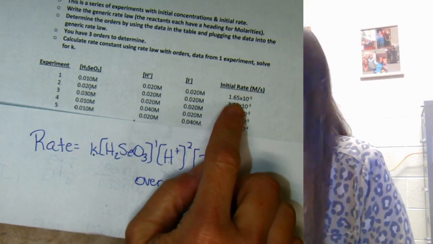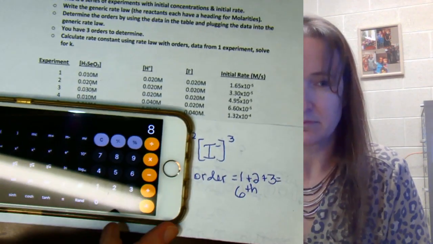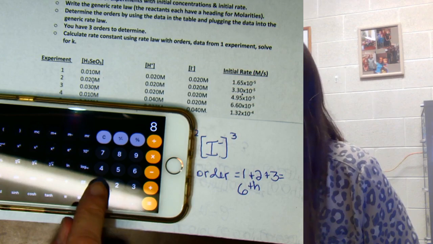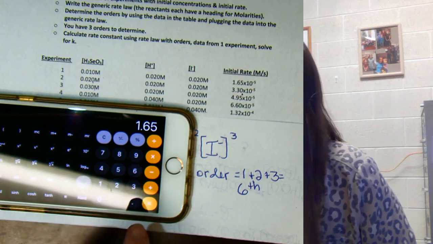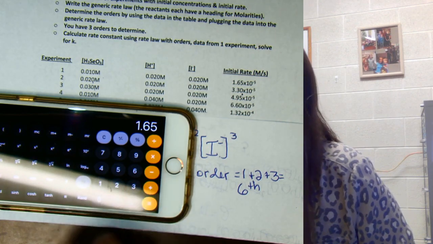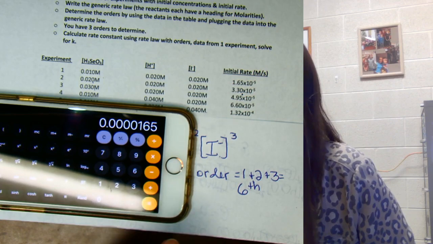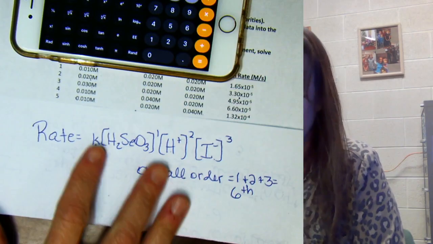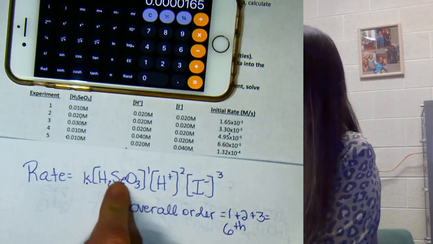If we plug it in to the first one, then we will have a rate of 1.65 exponent -5, and we are going to divide it by, it's K by itself, so we have to divide by each of these.